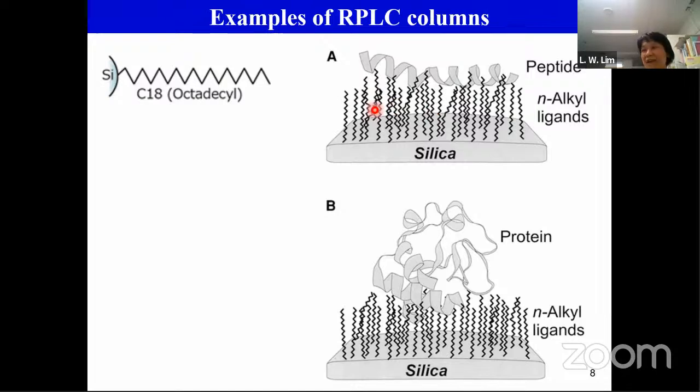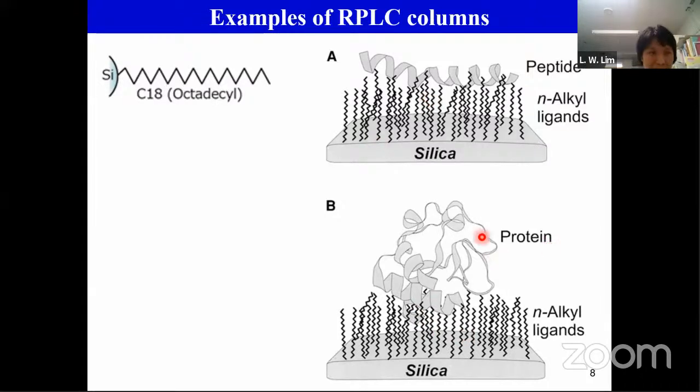This is where the layer of solvent will have the partitioning, the interactions between the samples and the column. This is a different example.